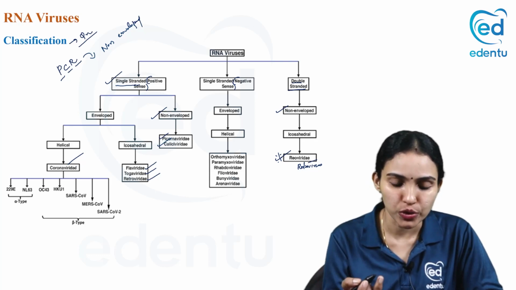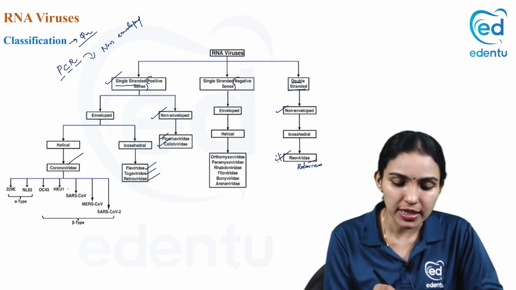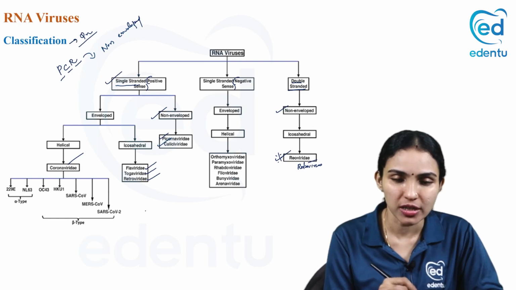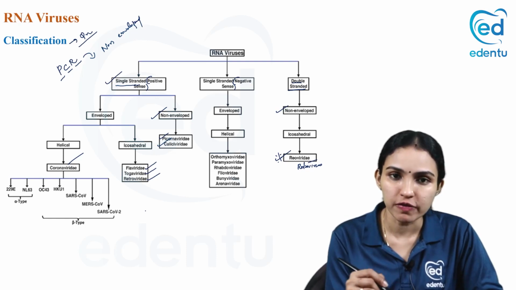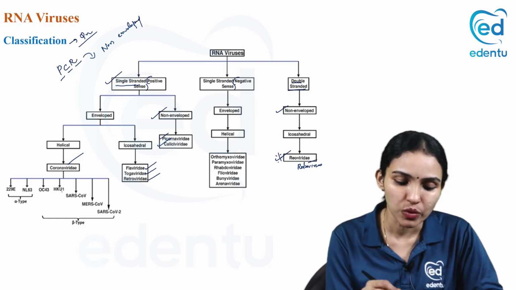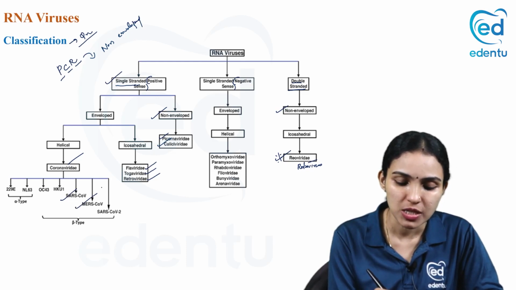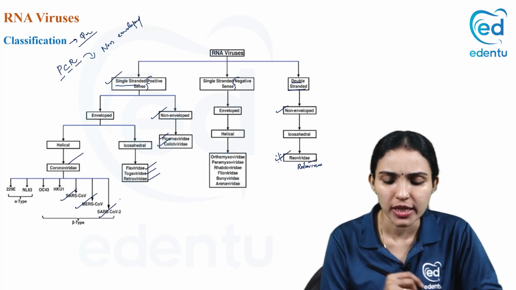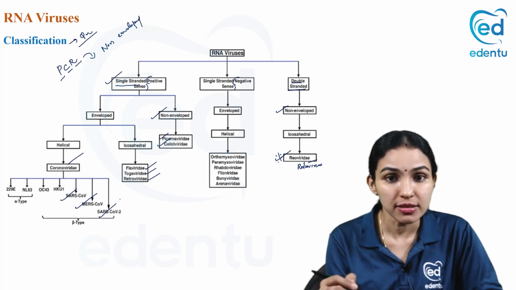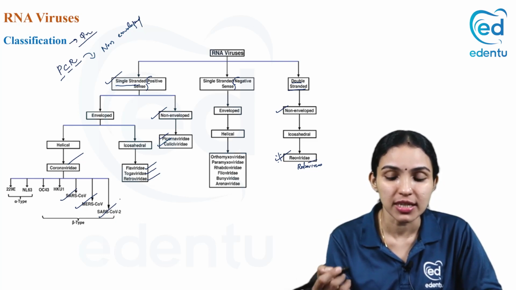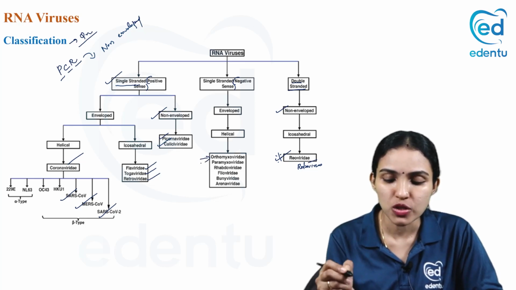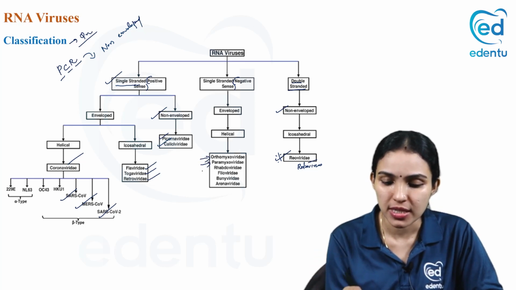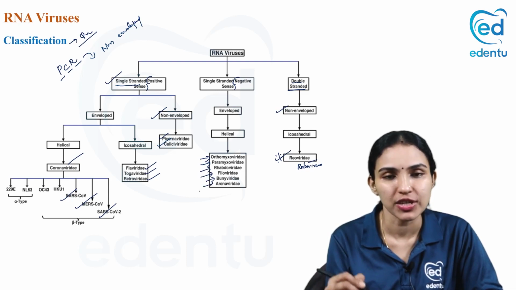Coronaviridae, you know what the coronaviruses are. You have a list of coronaviruses discovered in order of discovery; the recent ones you can remember are SARS coronavirus, MERS coronavirus and the recent SARS coronavirus 2. Then, coming to the other enveloped single-stranded RNA viruses: orthomyxovirus, paramyxovirus, rhabdovirus, filovirus, Bunyaviridae and Arenaviridae.